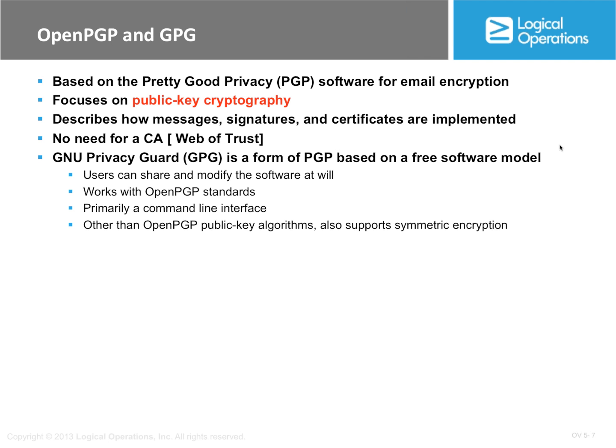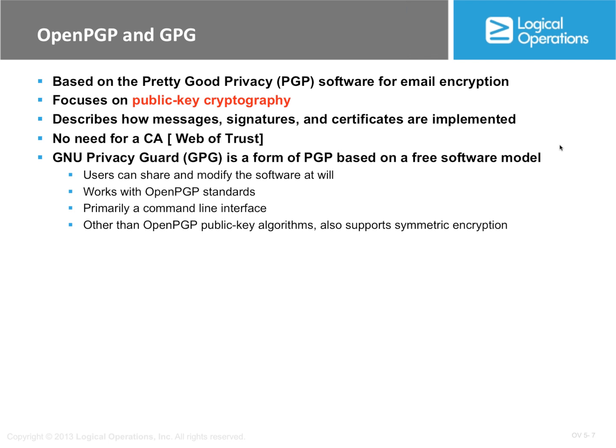PGP lives within a web of trust, and the web of trust simply is: I trust Bob, Bob trusts Jane, so I trust Jane. Right, so that's how the web of trust works, and that's what the entire PGP standard is based on.